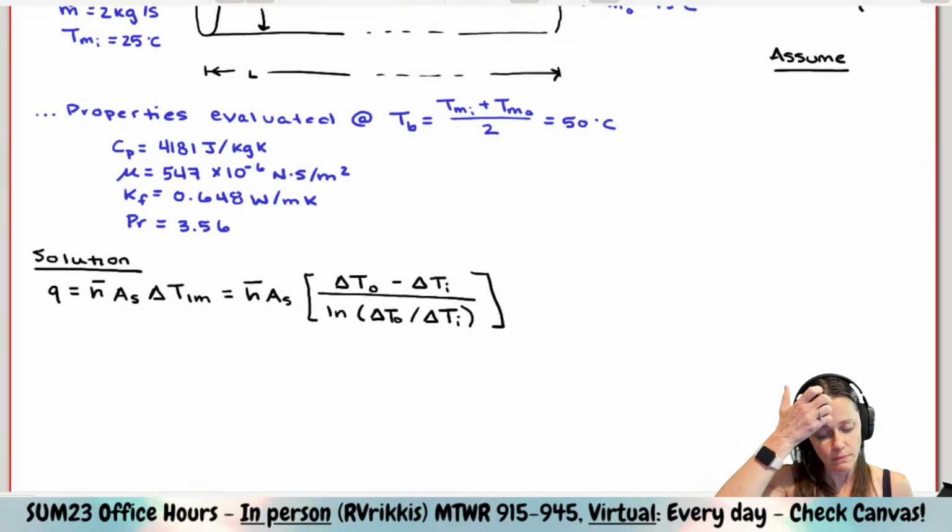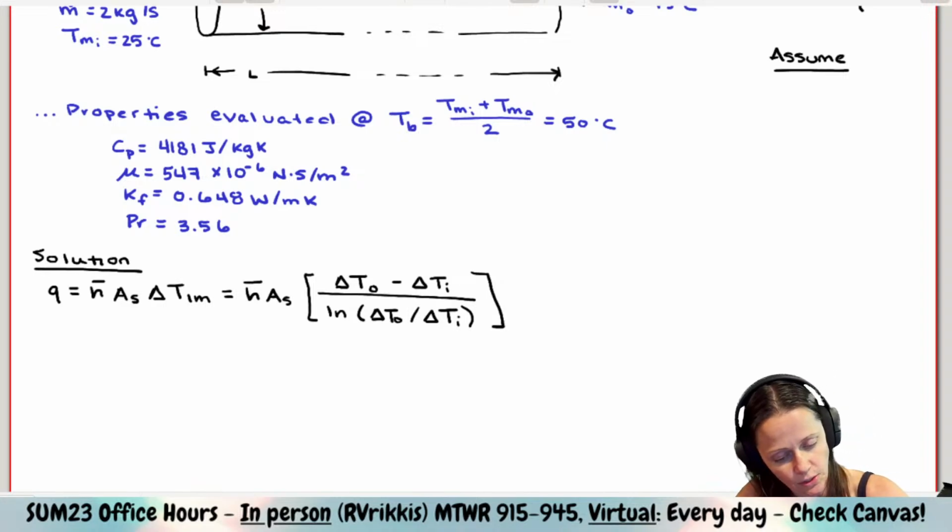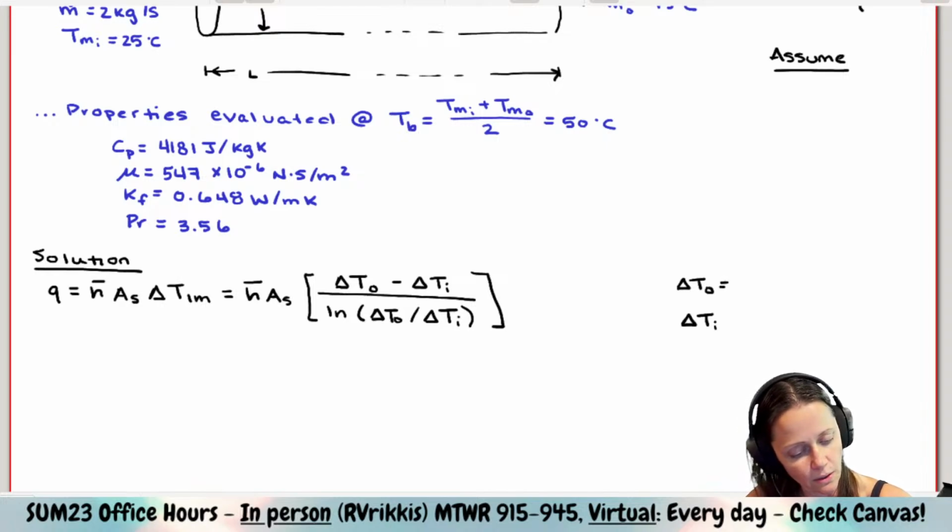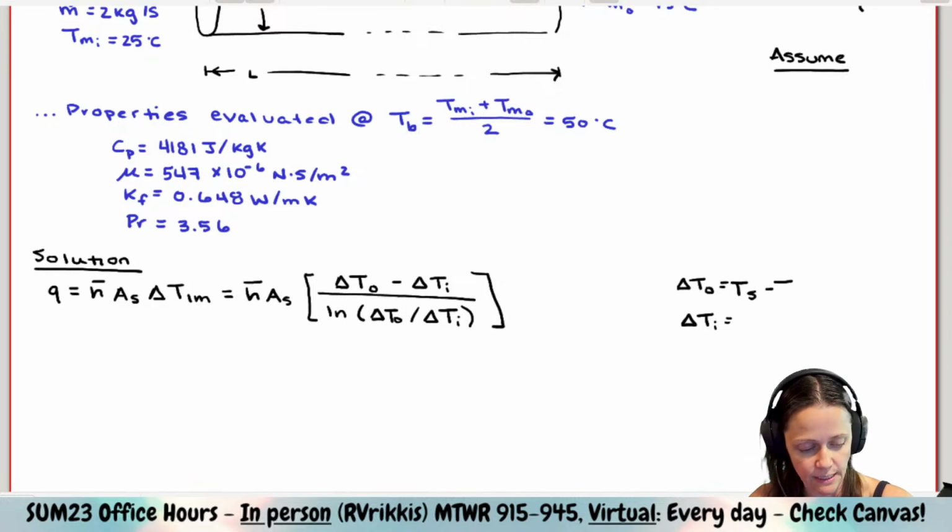This equation, in addition to the equations that we have for the constant surface heat flux, both of those were derived by doing energy balances on our control volume. Those delta T out and delta T in are defined as well. So this is our surface temperature minus T mean out.